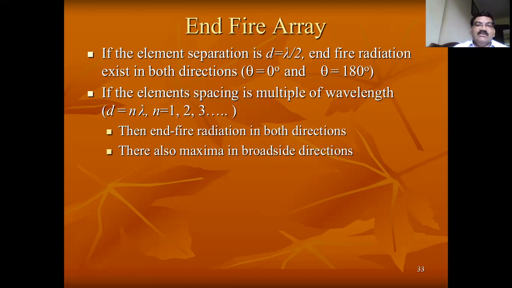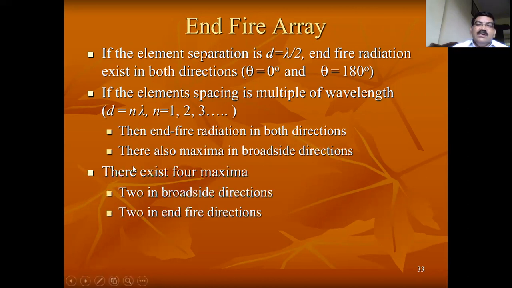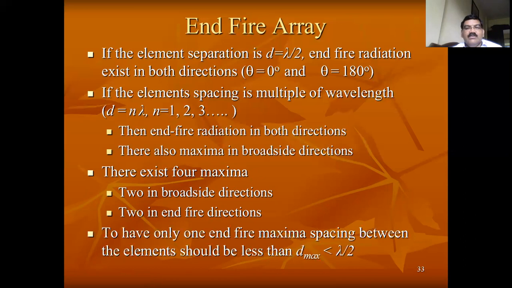These excite 4 maxima: 2 in the broadside direction, 2 in the end fire direction. So it will go vertically and horizontally also. So you will get this radiation pattern. To have only one end fire maxima, the spacing between the elements, d max, should be less than lambda by 2.